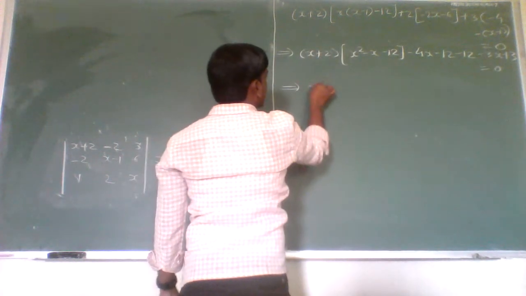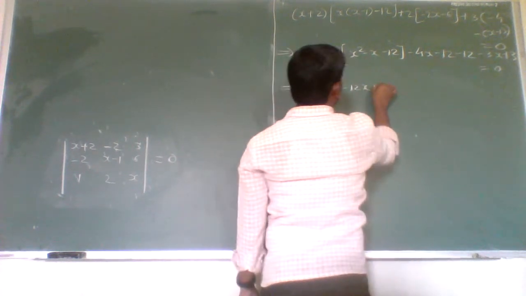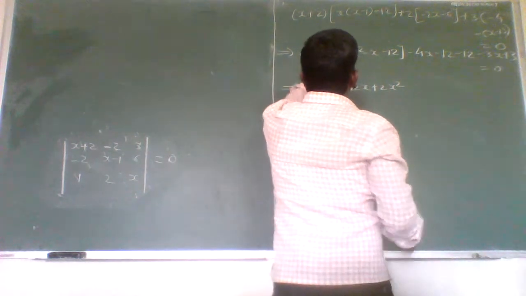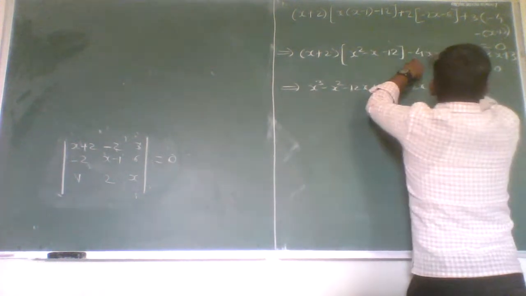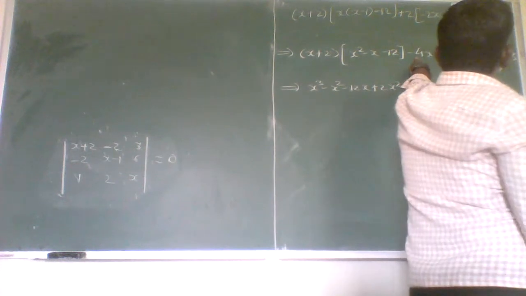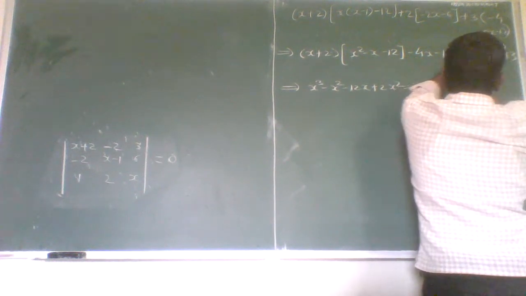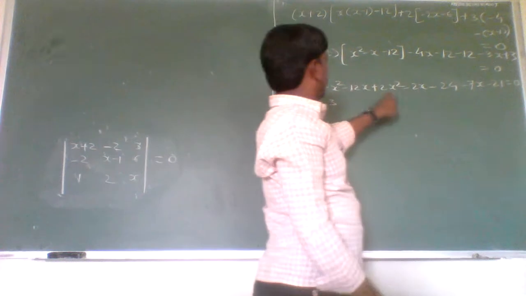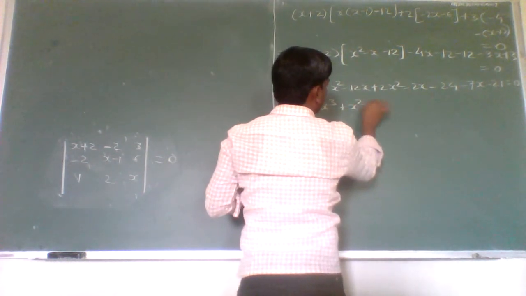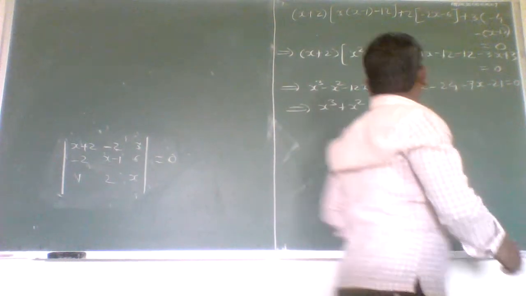Which implies x cube minus x square minus 12x plus 2x square minus 2x minus 24 minus 4x, minus 3x minus of 7x minus 12 minus 12 minus 24 plus 3 minus of 21 is equal to 0.